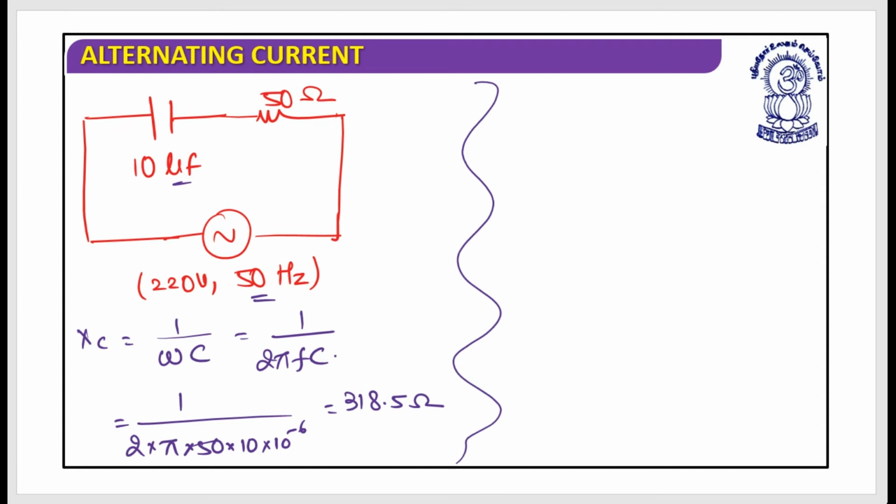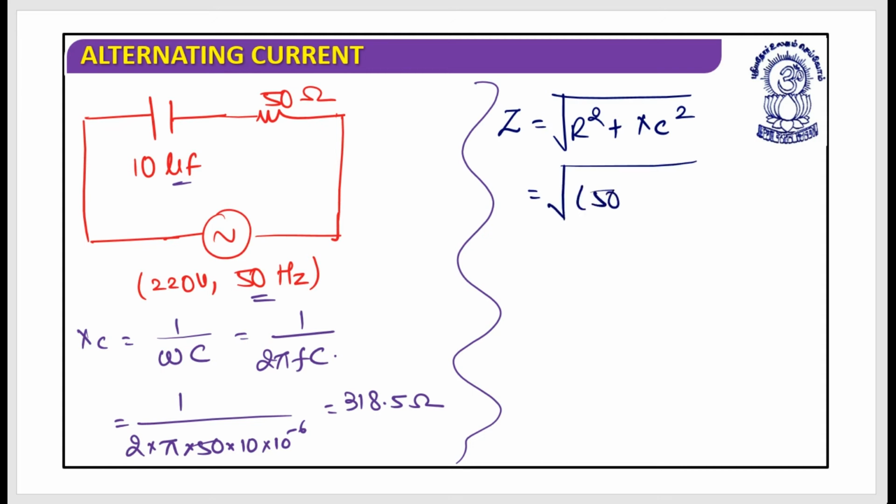Next, I need to find out the impedance of the series circuit. Z equals under root of R square plus Xc square, which is 50 square plus 318.5 whole square.